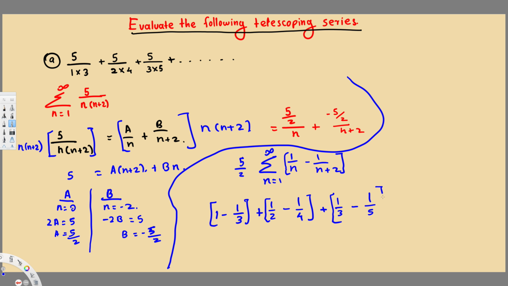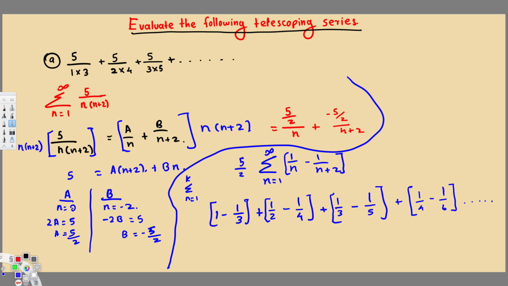And if I plug 4 for n value, that's going to be 1 over 4 minus 1 over 6, right? So it's going like this. So sigma, n is equal to 1 to, let's say k, but here it's actually 4. I'm trying to find a generic formula for this one. So here that is equal to this, right?